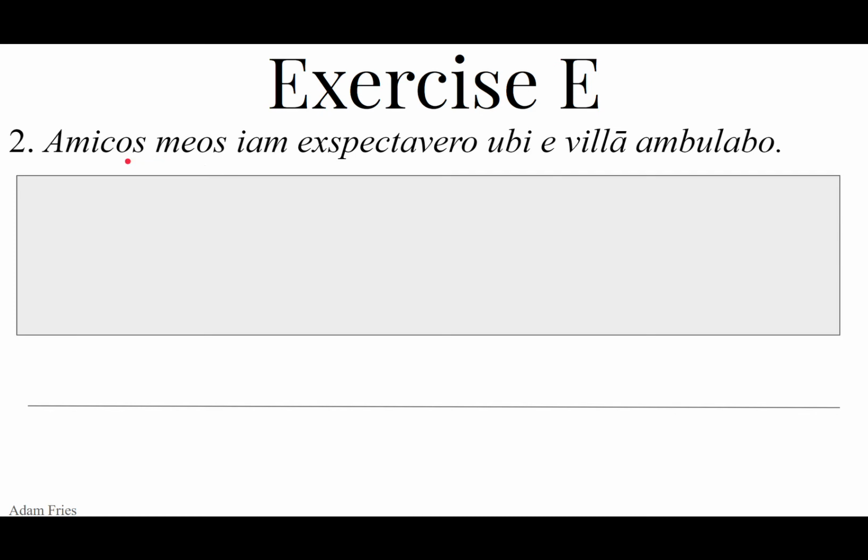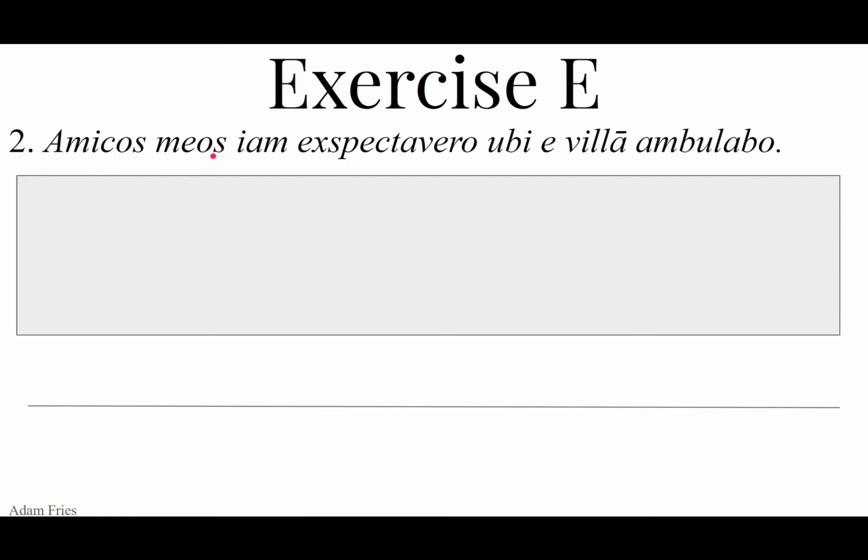So amicos, from amicus, a, um. It's an adjective, but it usually is used as a substantive. So amicus, e, masculine, friend, usually used as a noun. So meos, this has got to be accusative and plural and masculine. It's probably going to be the direct object because there is no preposition that goes with it to indicate motion.